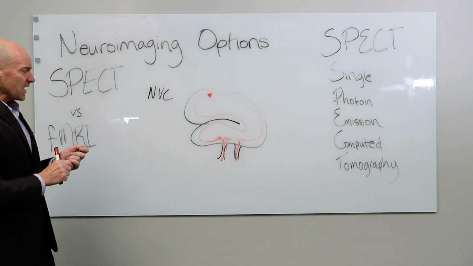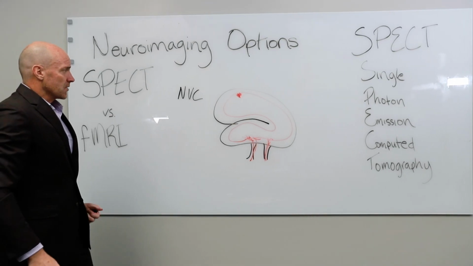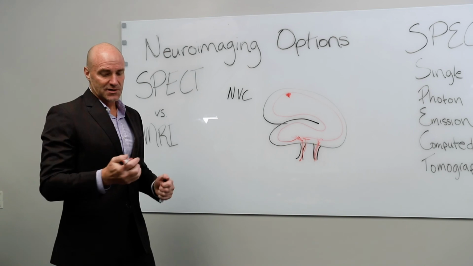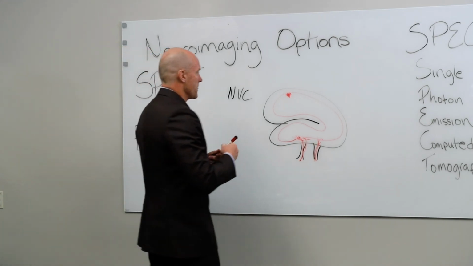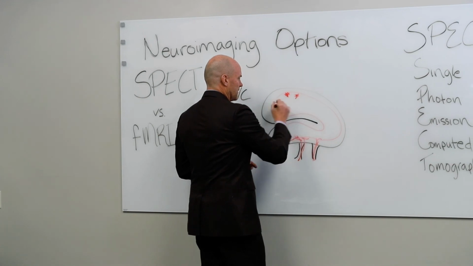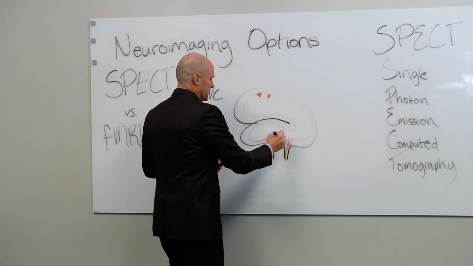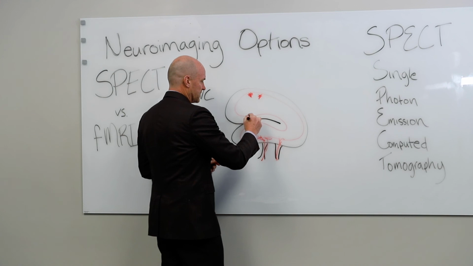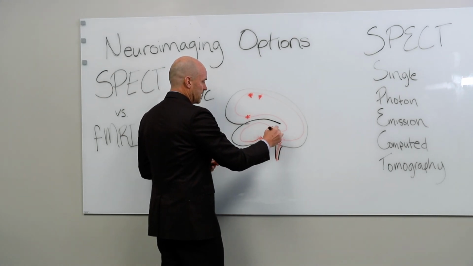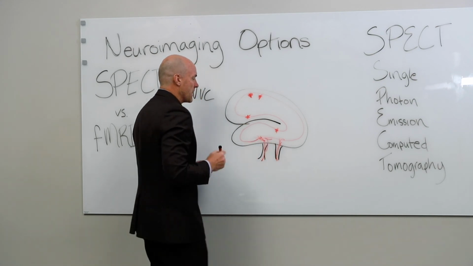Okay, and so let's say that we're trying to memorize a list of words. Well, you'll have little areas of activity that are involved throughout, let's say, the frontal cortex here. You'll have some language areas activated, some word retrieval areas, and so on.